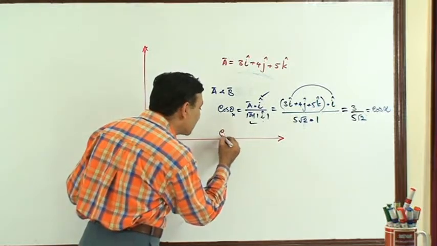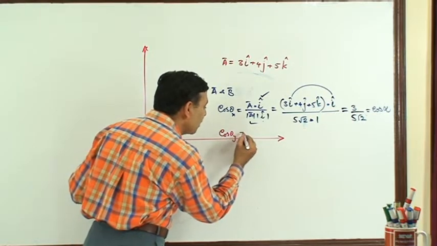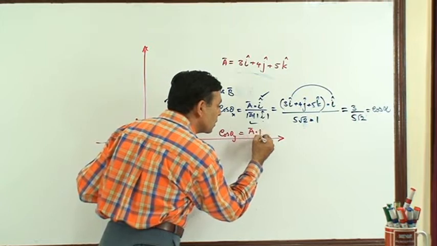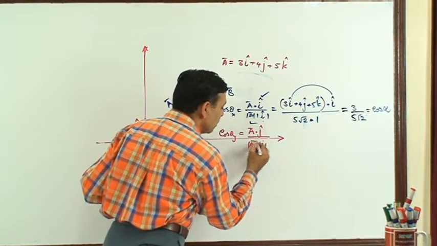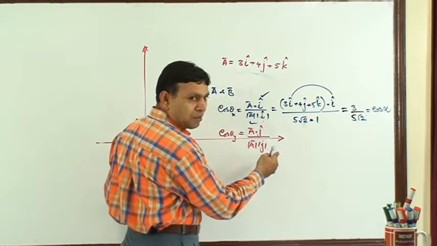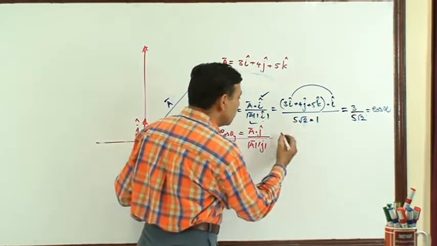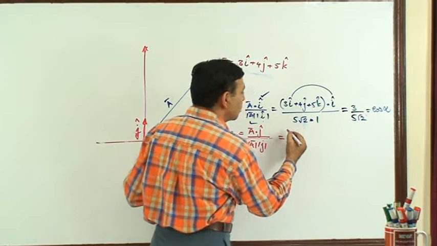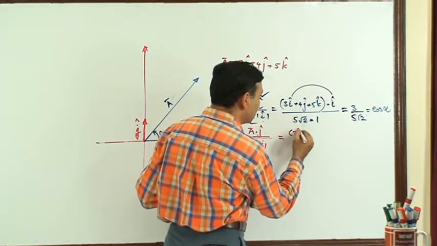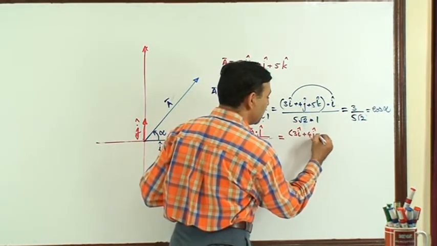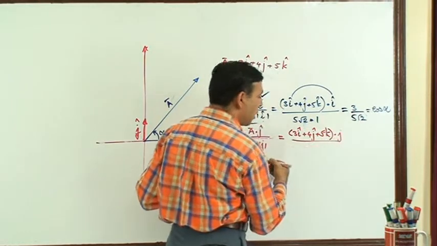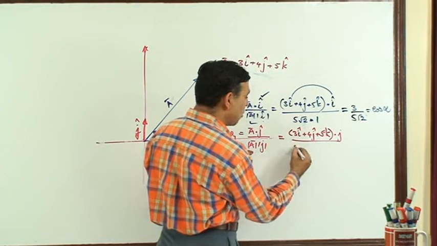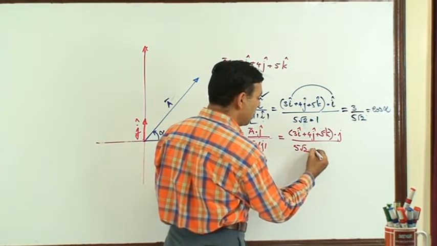So I'll write here cos theta y equal to A dot j by mod A mod j. Is it clear, everybody? Mod A we already computed, it's 5 root 2, and mod j is 1.